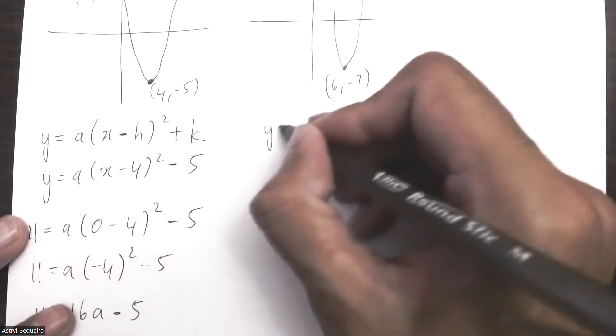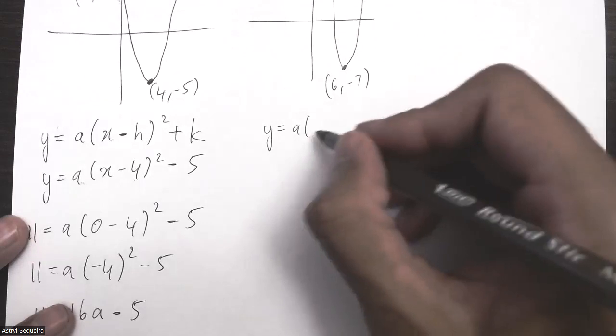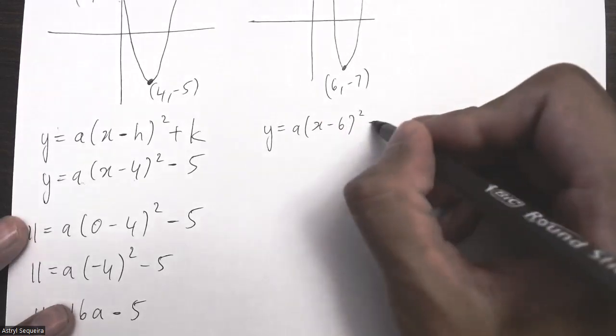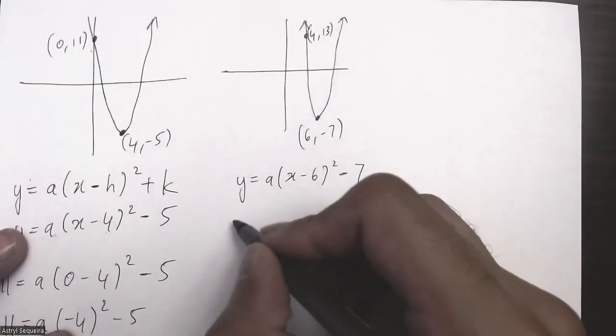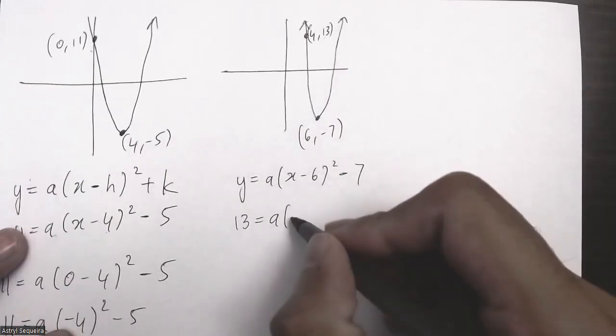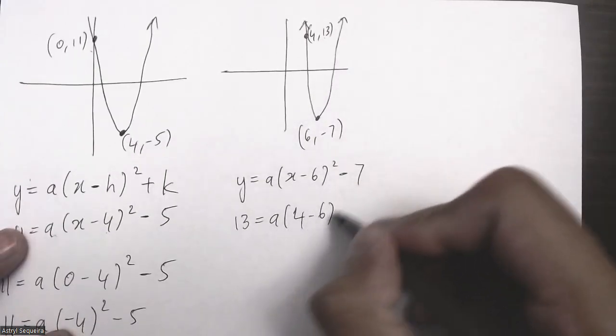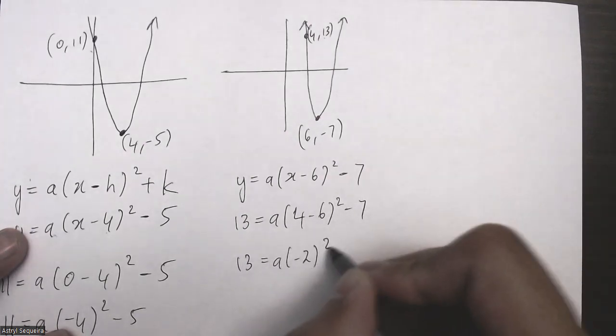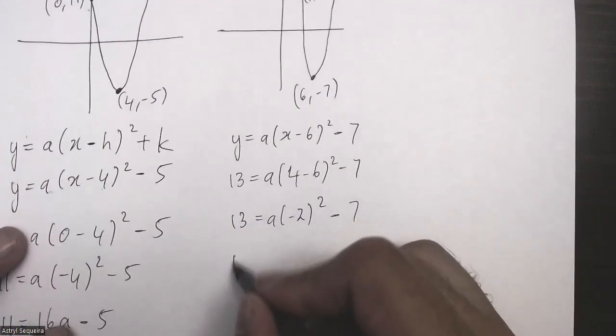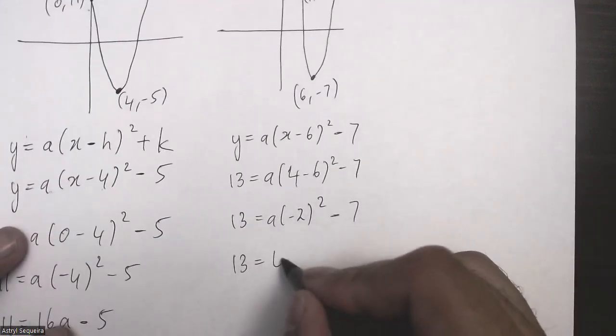I'm going to do the same thing. We start with subbing in the vertex: y equals a(x minus 6) squared minus 7. Then I'll sub in the point (4, 13) into this. So y is 13 and x is 4. That's -2. -2 squared is 4.